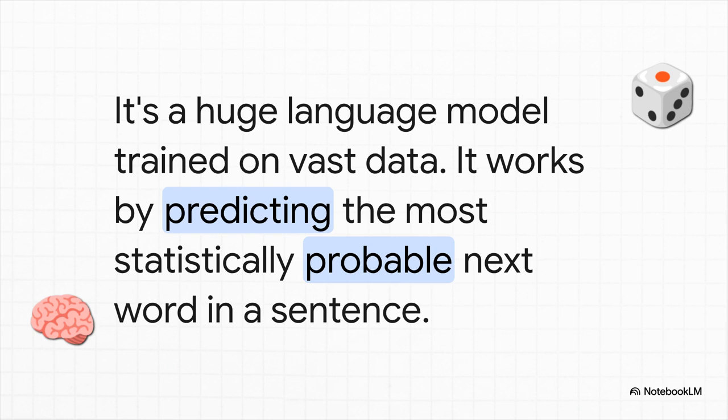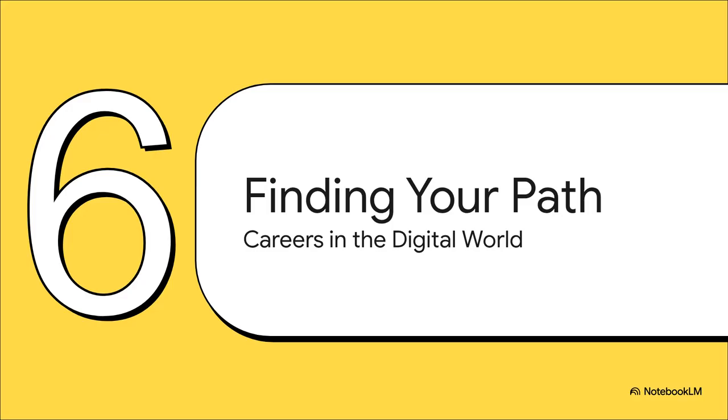These things are called large language models, or LLMs, and they've basically been fed a library of text that's bigger than you can possibly imagine, pretty much the entire internet. So when you give it a prompt, it doesn't understand it like a person does. Instead, it just does a massive calculation to predict what the most statistically likely next word should be. And then the next word after that, and the one after that, stringing them all together to create a sentence that makes sense.